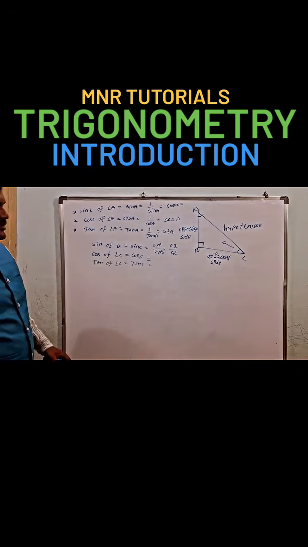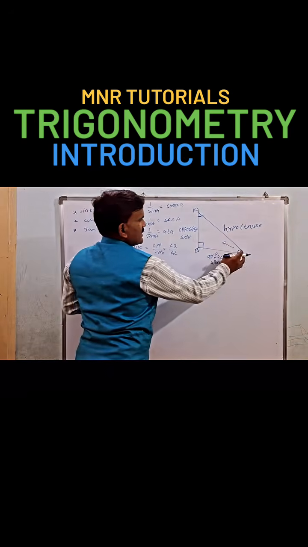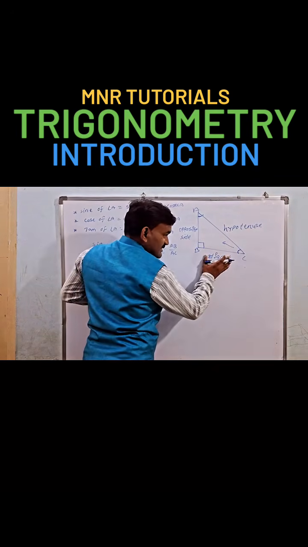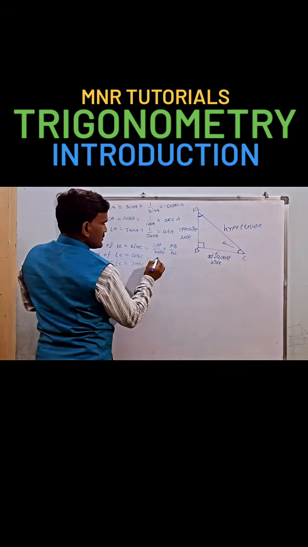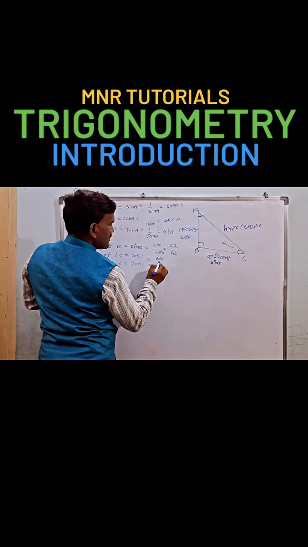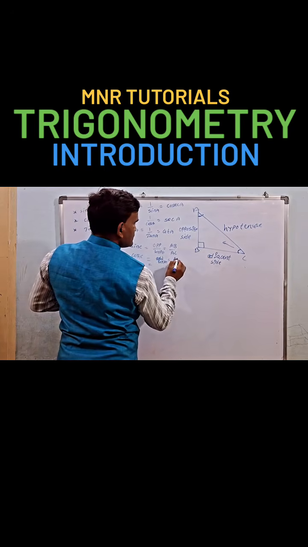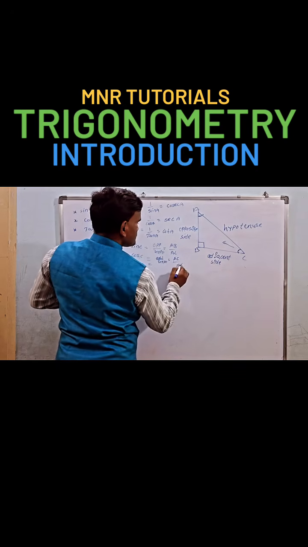Cos C is adjacent side by hypotenuse, that is BC by AC.